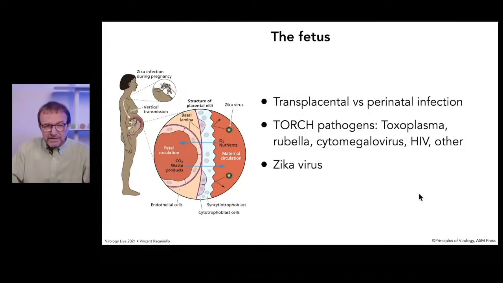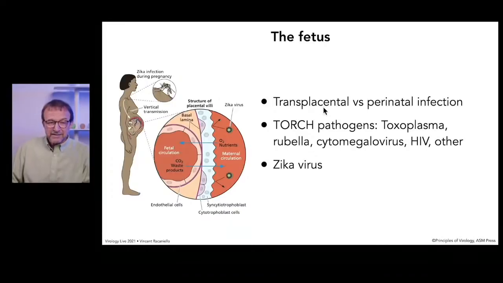The fetus is another site of infection that we should talk about. The developing fetus is highly influenced by the mother, of course. There is a placenta that separates the fetal from the maternal circulation, but some viruses are able to cross the placenta. We call that transplacental infection.